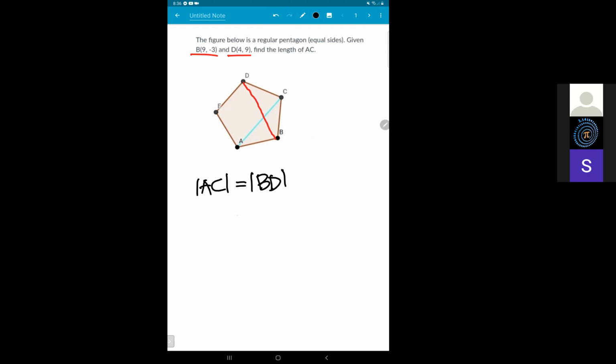Then the length of BD is given by the distance formula: square root of (9 minus 4) squared plus (negative 3 minus 9) squared.